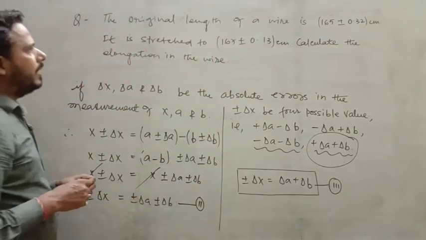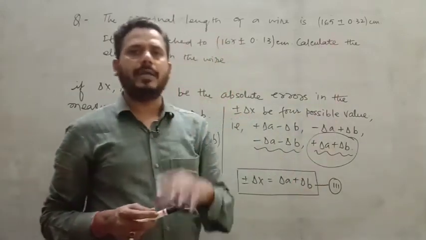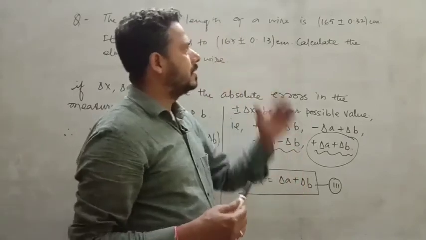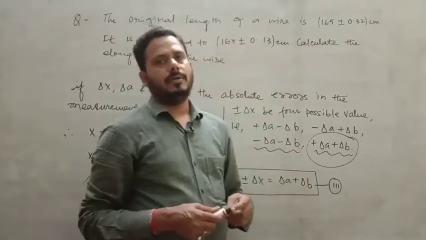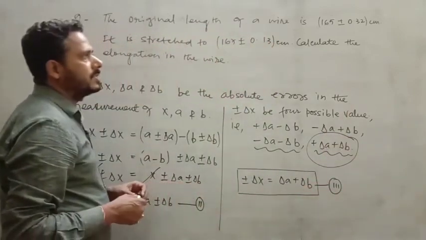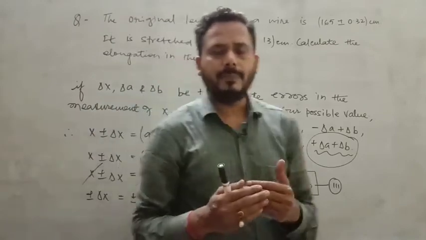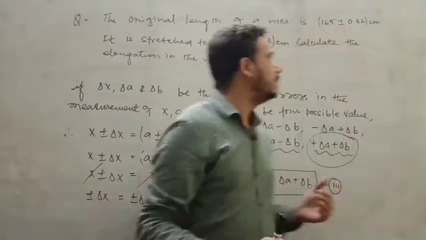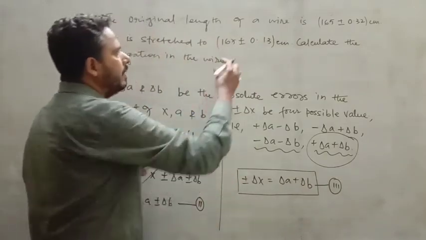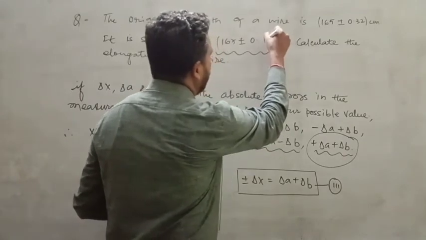So what you are seeing is that the original length of the wire is 165 centimeter, with its absolute error plus minus 0.32 centimeter. Now this length is stretched to 167 centimeter, and its absolute error is 0.13 centimeter.